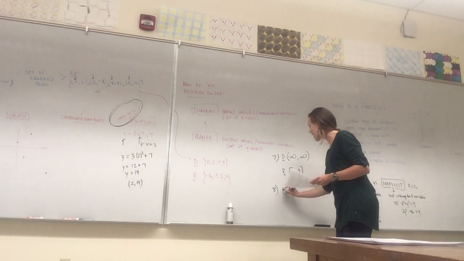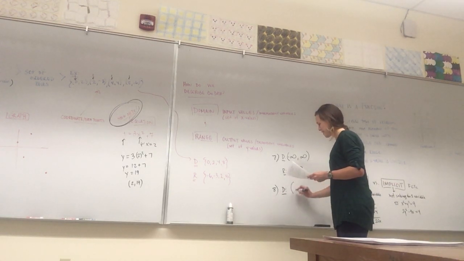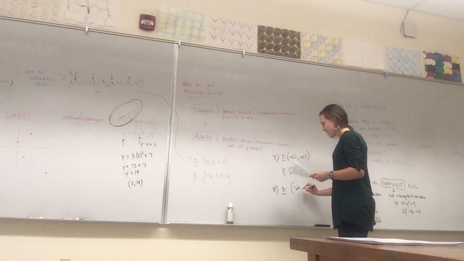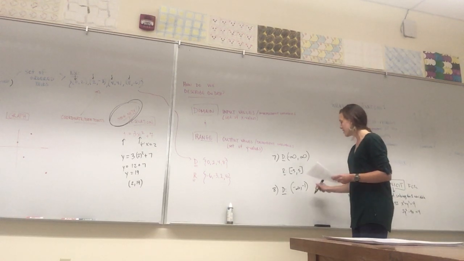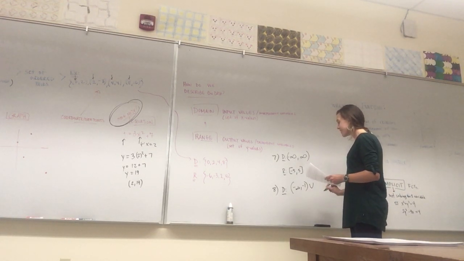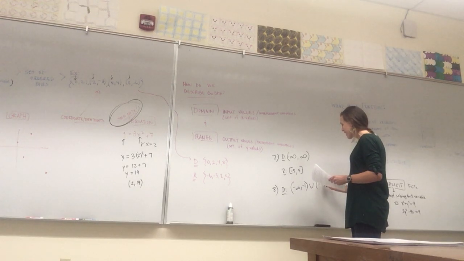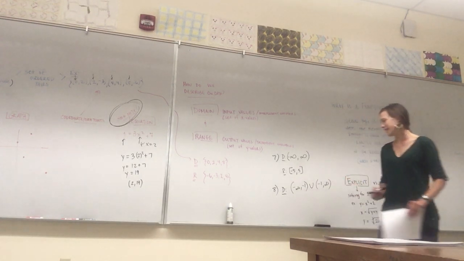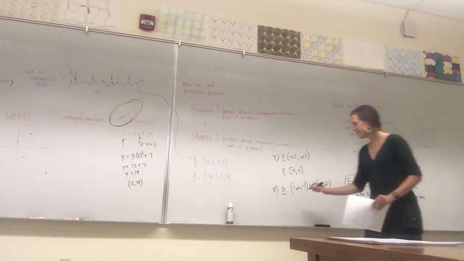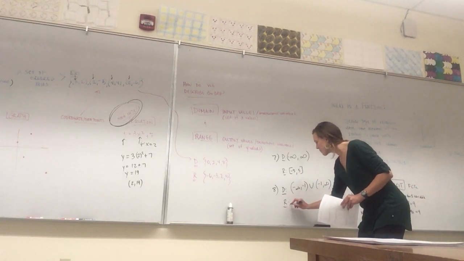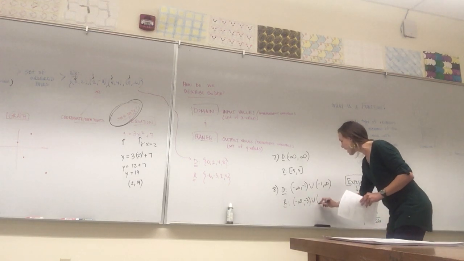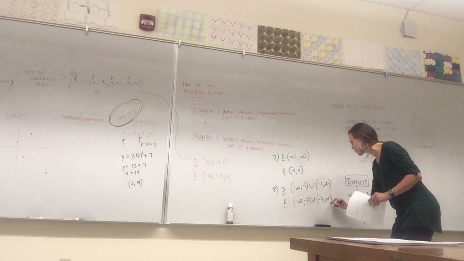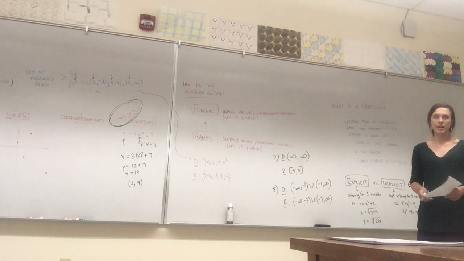So my domain for x would be negative infinity to -1, with a parenthesis there, union -1 to positive infinity. My range is the same: negative infinity to negative 3, union negative 3 to positive infinity.